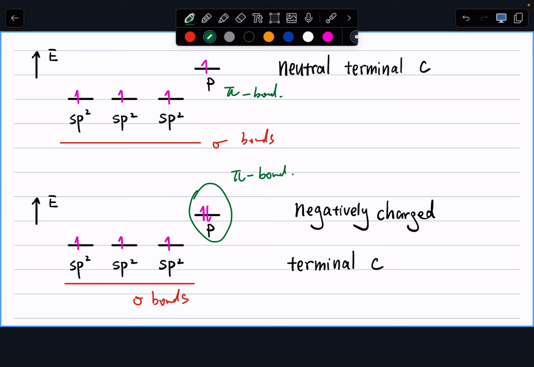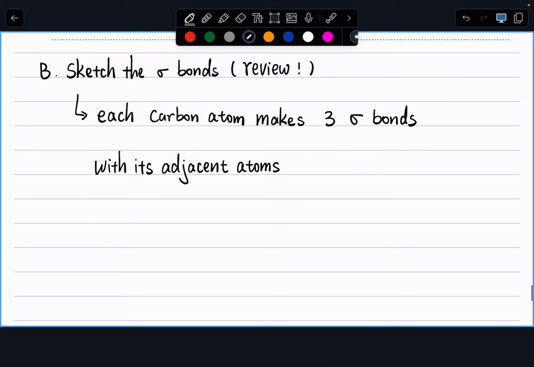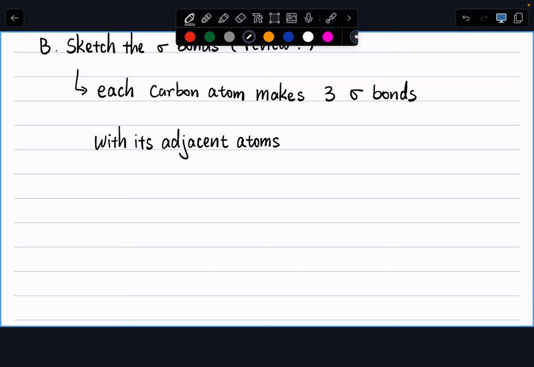All right, so this is just drawing out what hybridized atomic orbitals I have. And now we're ready to put the puzzle together. First step, looking at the hybridization of each carbon. And then we're ready to sketch our sigma bonds. Our sp2 atomic orbitals make sigma bonds. We have a carbon in the middle, and the center carbon has 3 sp2 hybridized atomic orbitals.